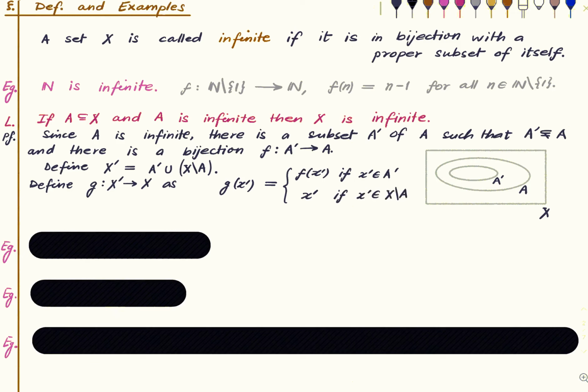So there are two parts, these are disjoint, A prime and that are disjoint of course. So if your input is from A prime, then just use the function f to send x to wherever.